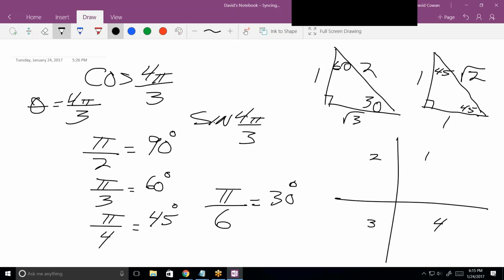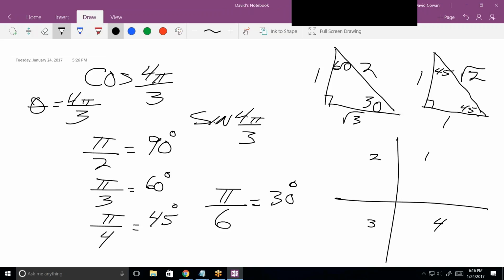If pi over 3 is 60, what's 4 pi over 3? 240. Okay, what quadrant's 240 in? Quadrant 3. Notice that once you learn these 4 here, then all of the difficult ones, like 4 pi over 3 or 7 pi over 6, can all be done rather quickly. 4 pi over 3 is just 4 times 60. 7 pi over 6 is 7 times 30, and so forth and so on.